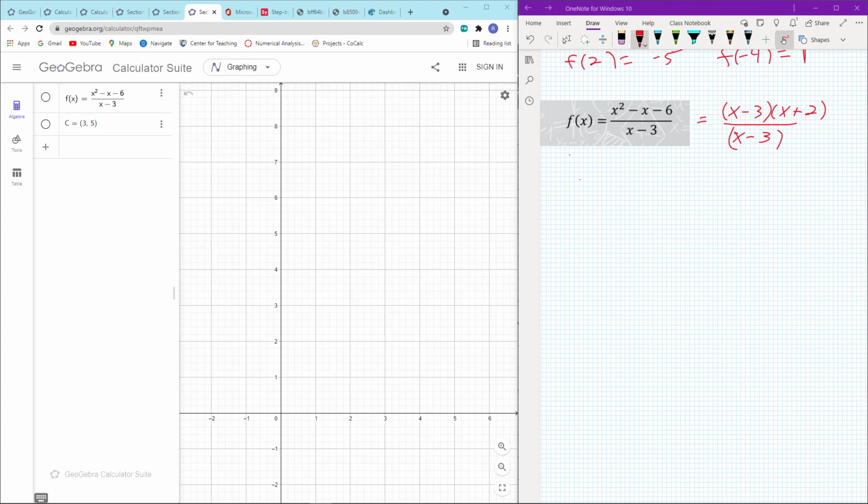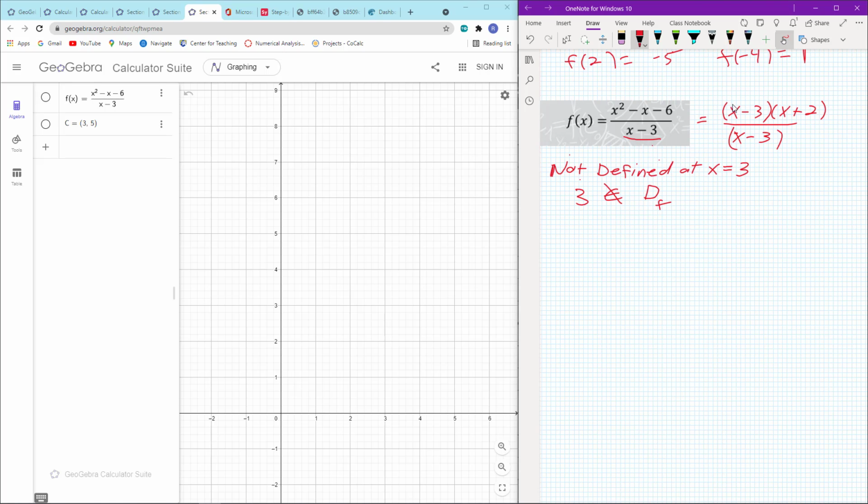However, since this function has x - 3 in the denominator, which will be equal to 0 when x is equal to 3, this function is still not defined at x equals 3. 3 is not an element of the domain of f. Every other number is, but not 3.